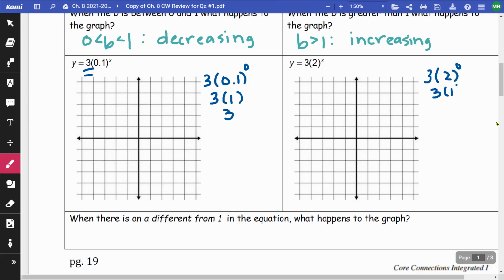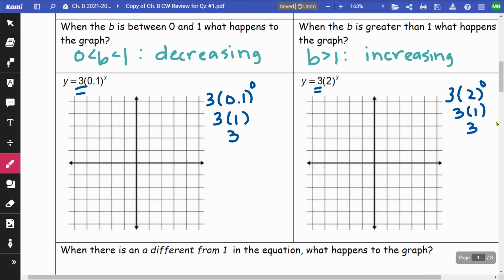That's going to be 3 times 1, which again is 3. So again, this number that's in front of my base to a power, we call that our a, that is our y-intercept. Over here, my y-intercept is also 3.